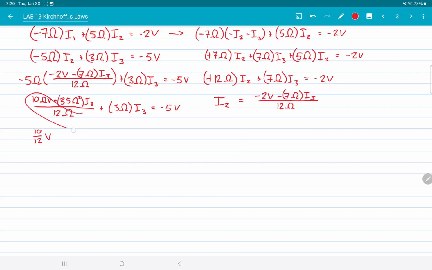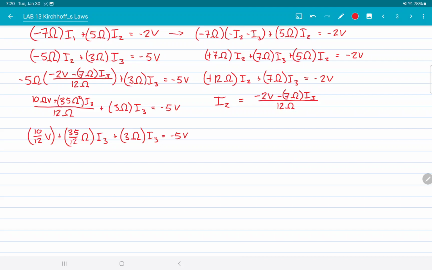So breaking it apart into two pieces, I'd have 10/12 ohm volts over ohms, but the ohms would cancel, plus 35 over 12 ohms times I3 plus 3 ohms I3 equals minus 5 volts.